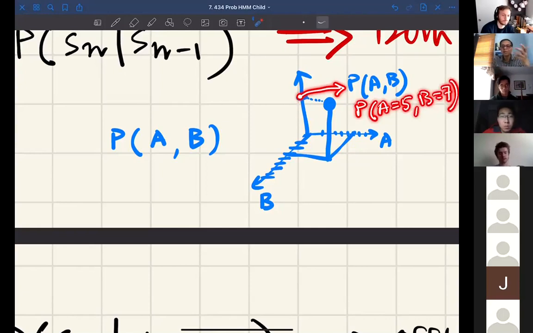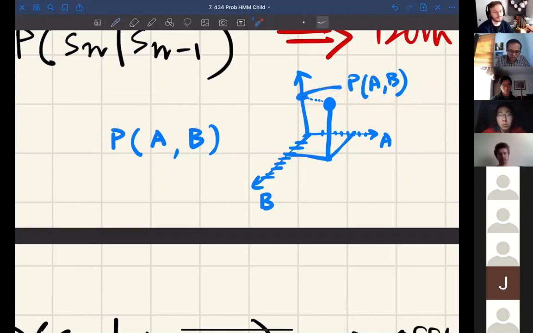Right? Always think of A as a vector, B as a vector. So P(A,B) is a two-dimensional space. Very good. So now what I want is P(A). What does that mean?